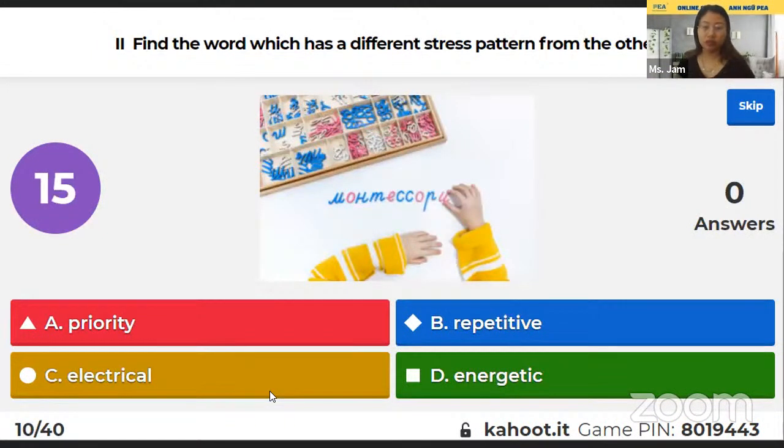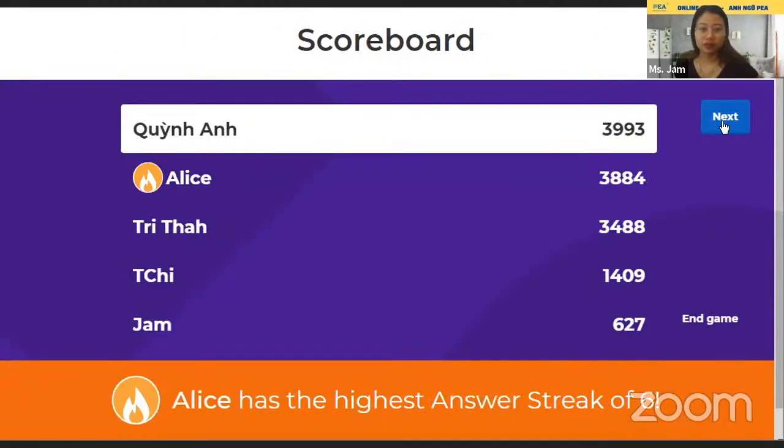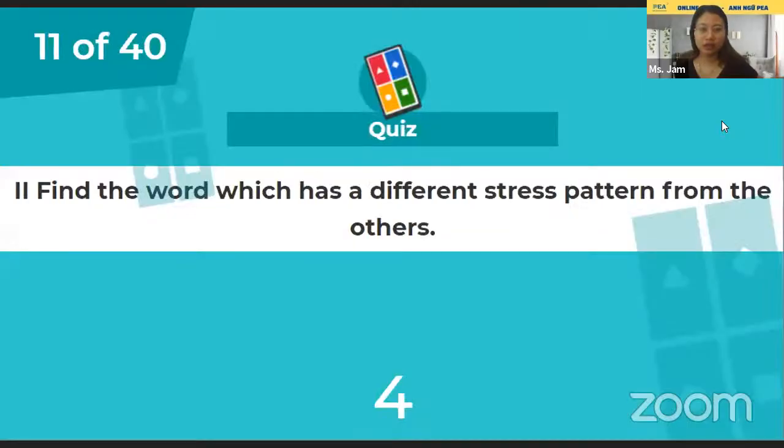Priority, repetitive, electrical, energetic. Time's up. Okay, I think there are many questions here.